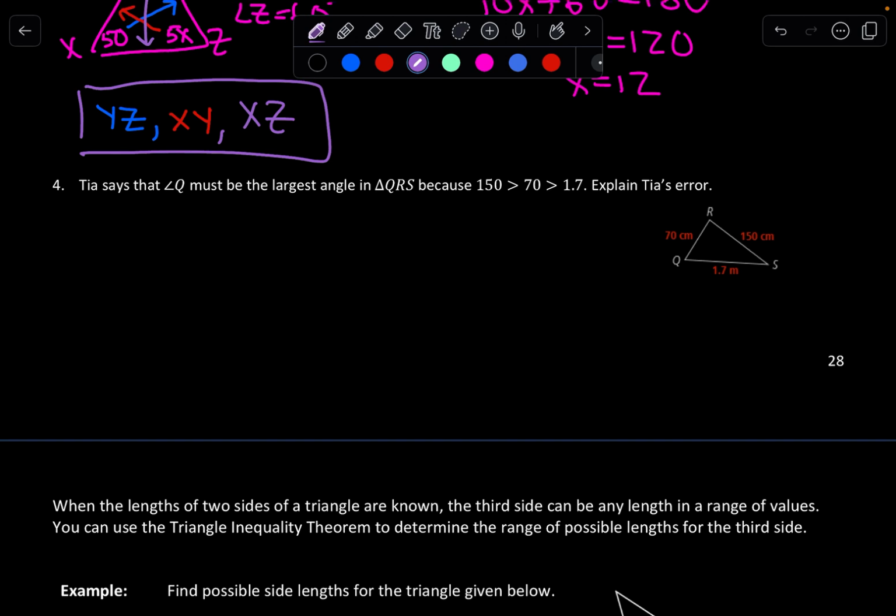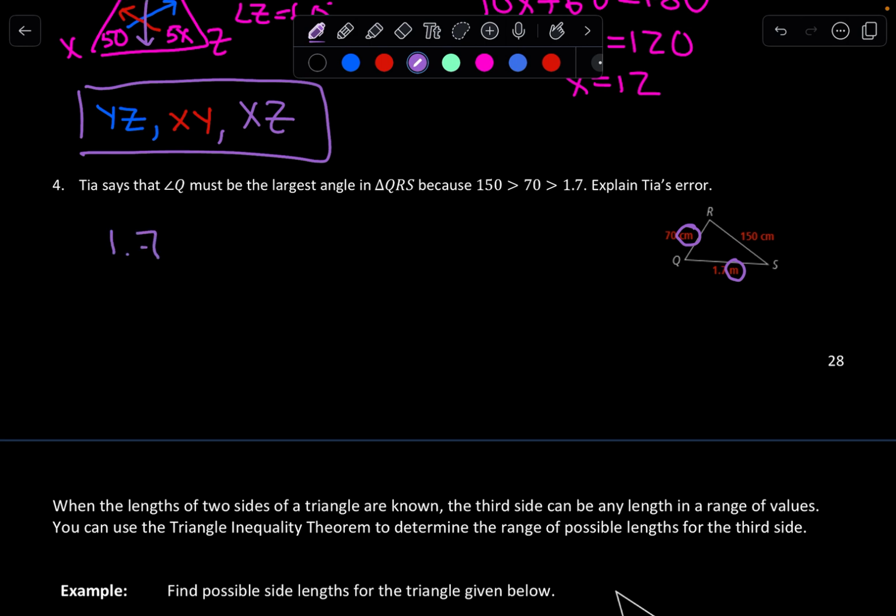Number four, you can read through and answer that on your own and then come back and check. If you look at the units there, 1.7 is smaller than 70 and 150, but it's measured in meters.